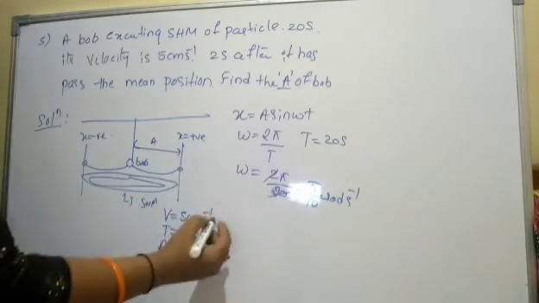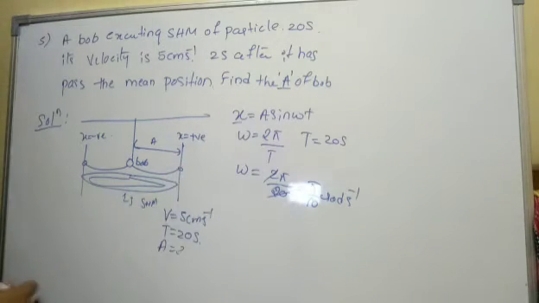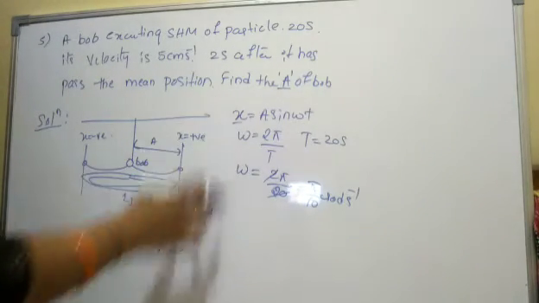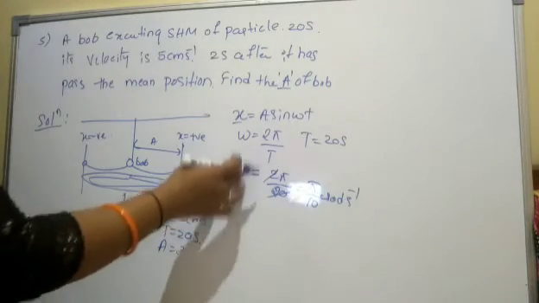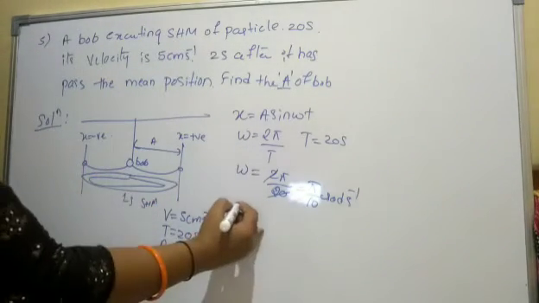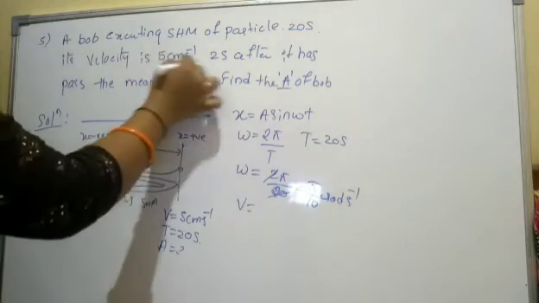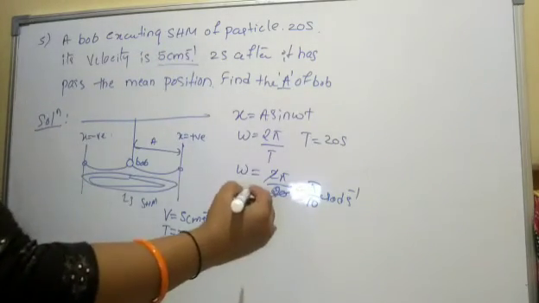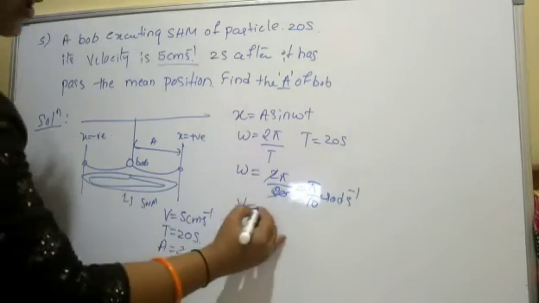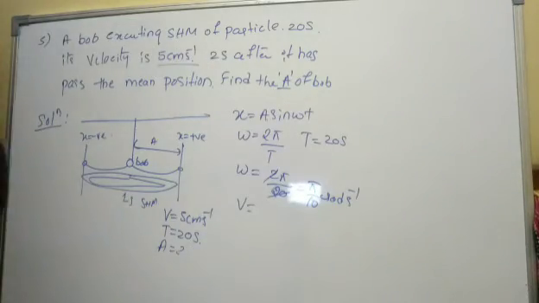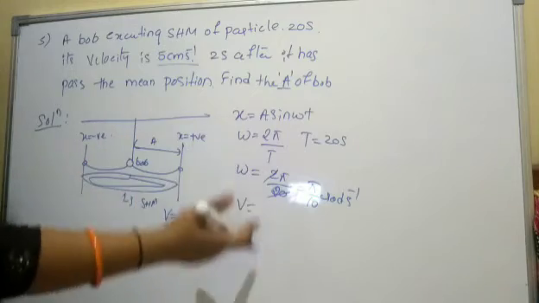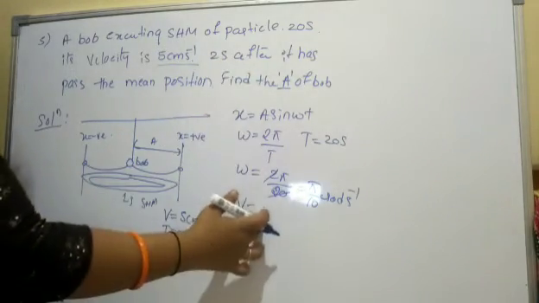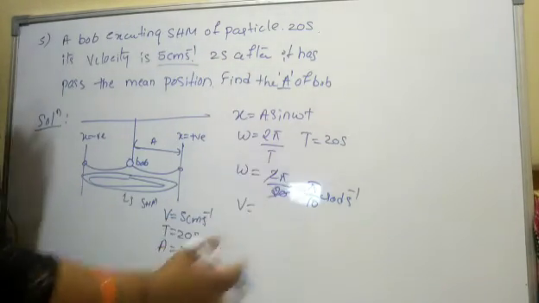And we need to find the amplitude, so a is what we have to calculate here. Now with the help of velocity we'll go ahead, because velocity is given. Which form do we have to use? Omega is there, a is not there, so we can't use v equal to omega root of a square minus x square.